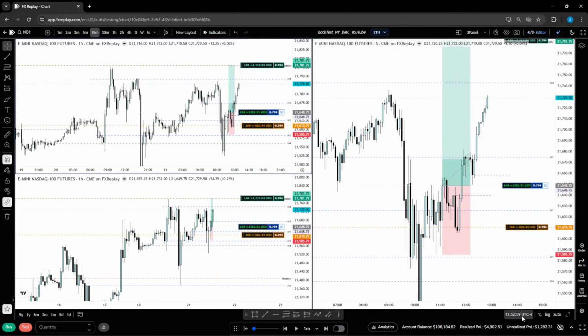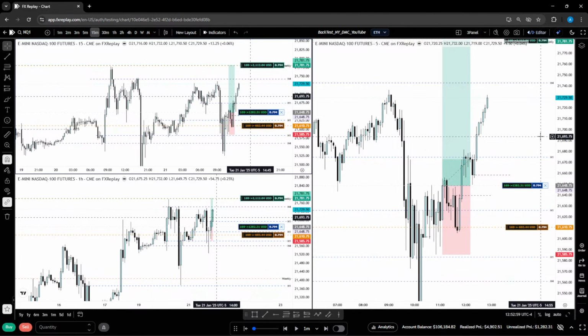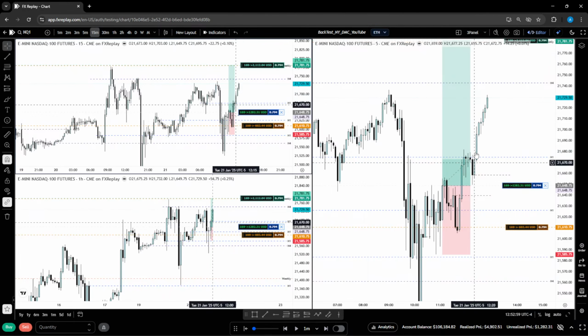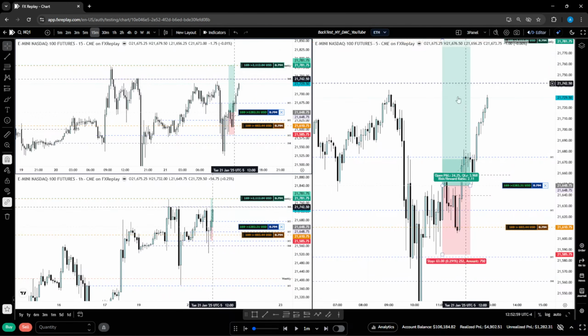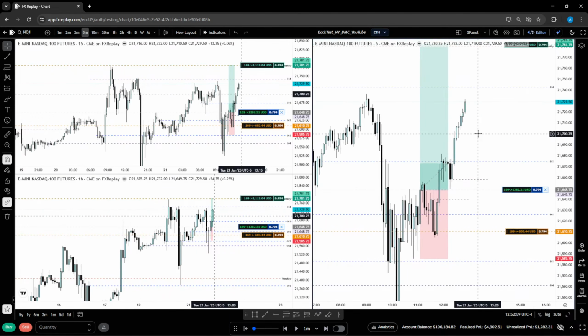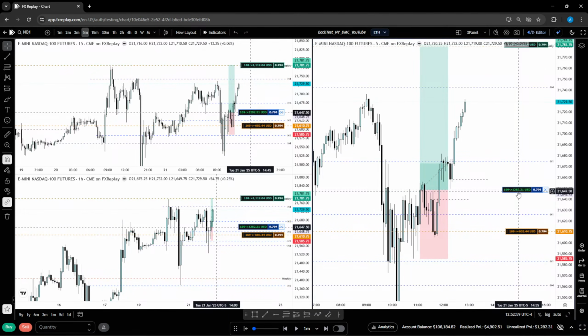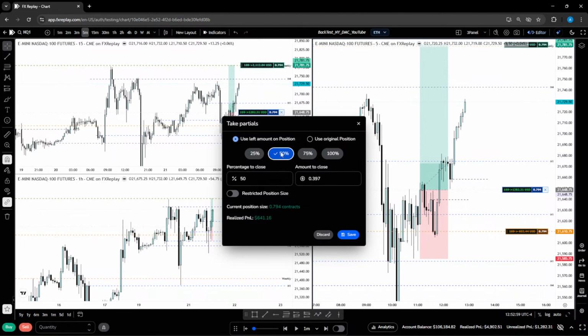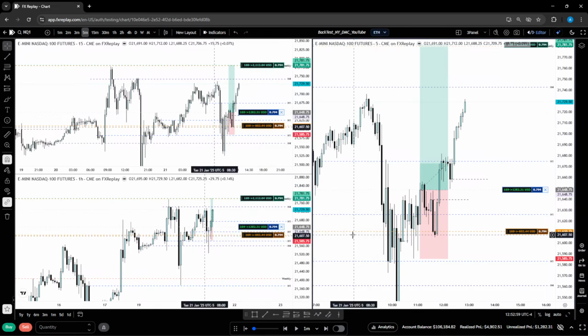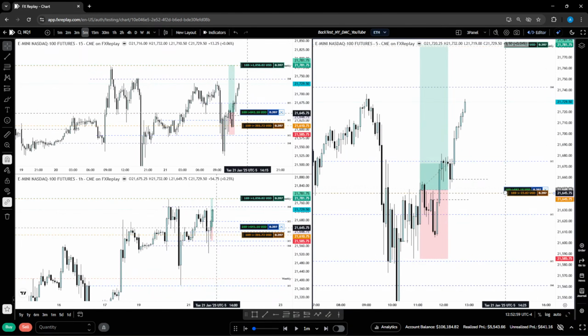Just got 1 o'clock. So we probably are gonna come back down and test some of these levels. So because of that, I'm gonna take like 40–50% off and go break even for the rest and let it run.